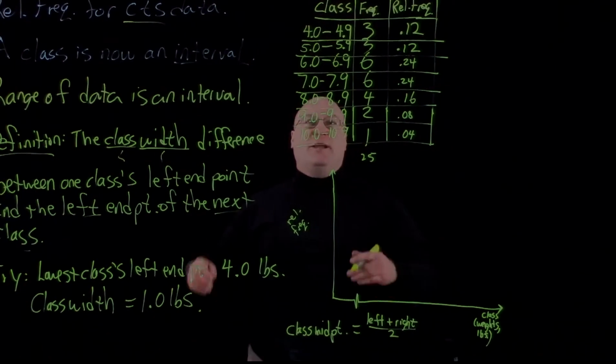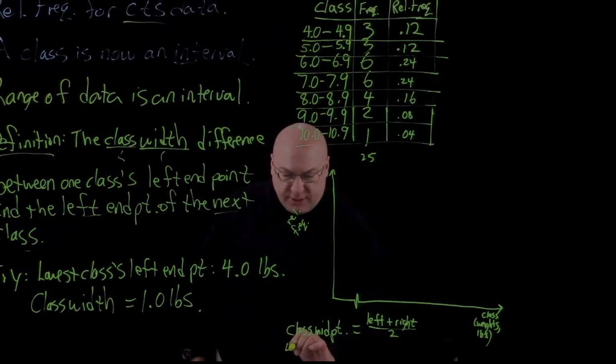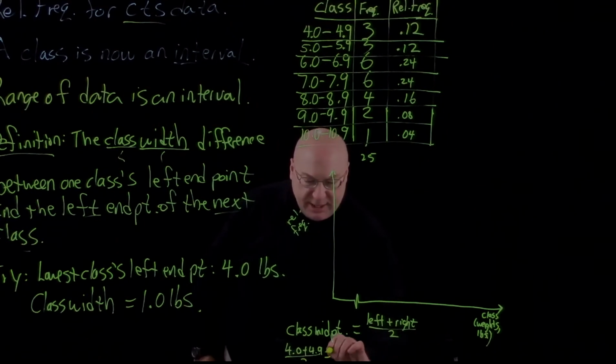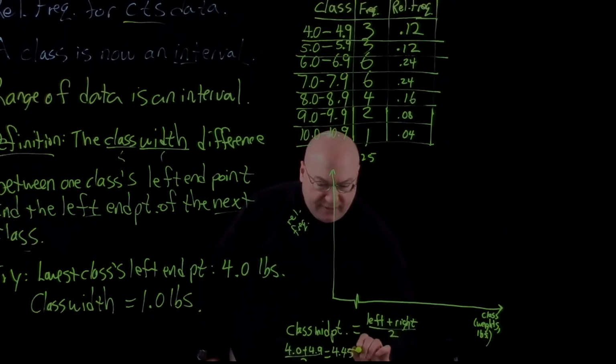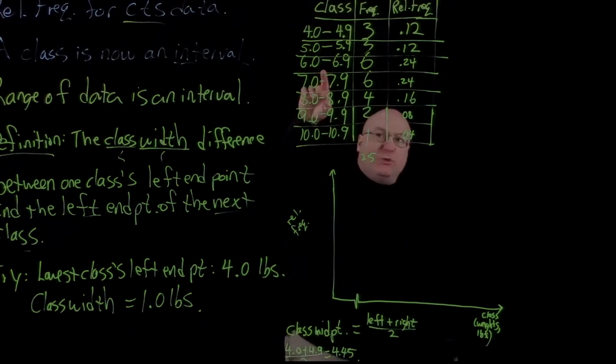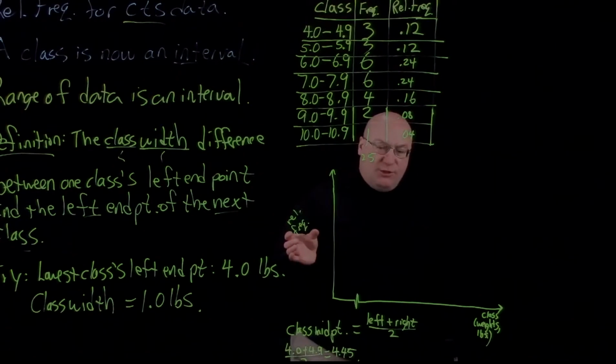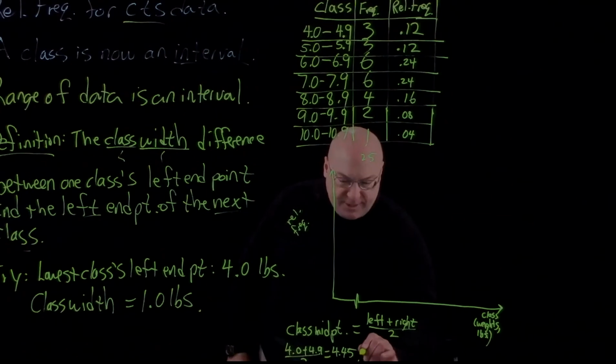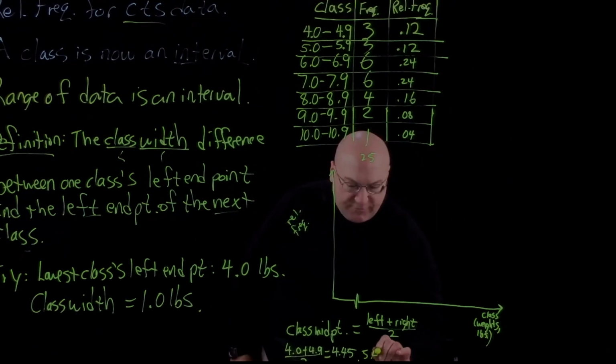Okay? So let me do the first one. I get 4.0 plus 4.9 divided by 2, and that's 4.45. All right? How will I get the next one? I'll take 5.0 plus 5.9 divided by 2, and I will get 5.45.